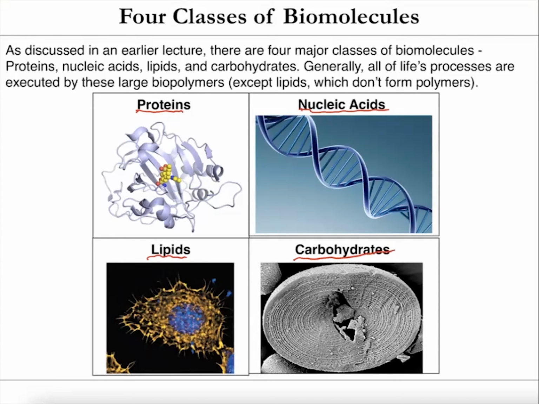Most of these biomolecules are polymers, except for lipids, although lipids do make associations. So really, if you're going to understand anything of biochemistry, you do need to understand that proteins, nucleic acids, lipids, and carbohydrates are responsible for basically all of life's processes.